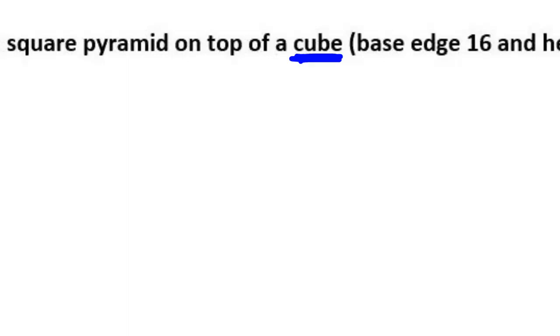It's a special kind of prism. What's true about all the edges on a cube? They're all the same. They're all congruent. So this is a rectangular prism with all edges congruent.